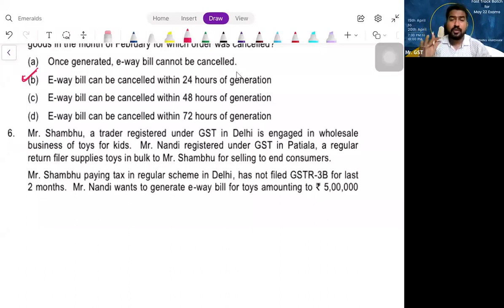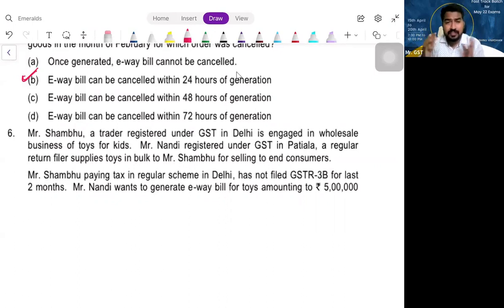Yes or no? Yes. So here, Nandi is regular in filing, so he can generate an e-way bill, and Shambhu will get the e-way bill because his GSTIN is mentioned as the recipient's GSTIN in the e-way bill. So no issues. But Shambhu to Narayan: in that case, Shambhu is not a registered supplier who files regularly; he is a defaulter, so his e-way bill generation is blocked.